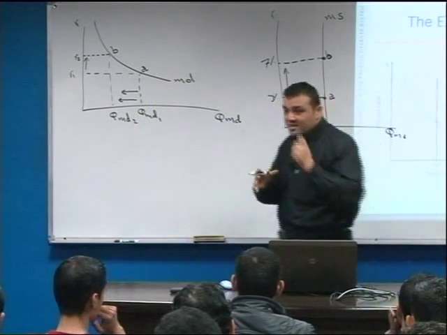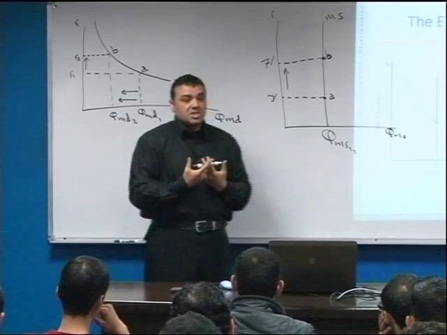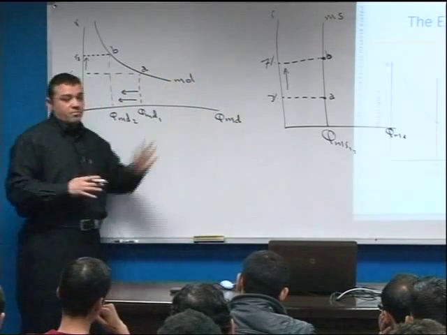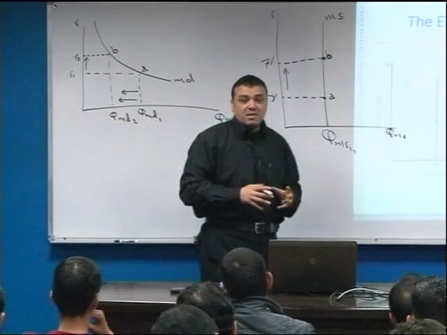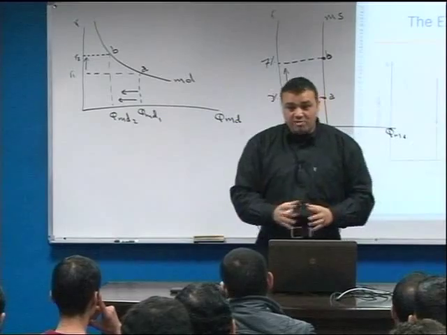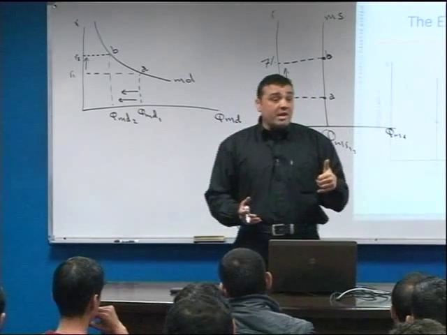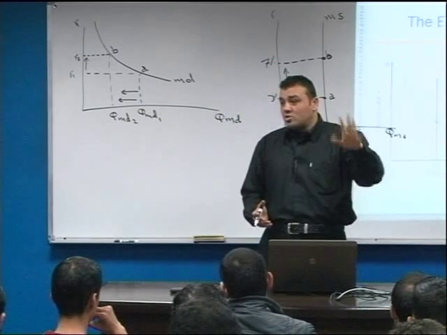Let's analyze the relationship between the interest rate and the quantity of money demanded. As we mentioned, the interest rate is the cost of borrowing. So the increasing of the interest rate leads to an increase in the cost of borrowing.